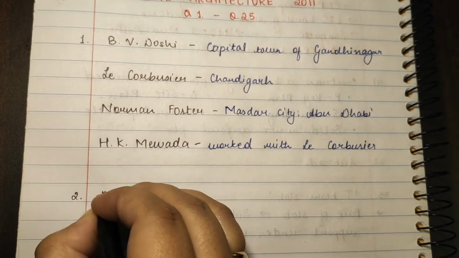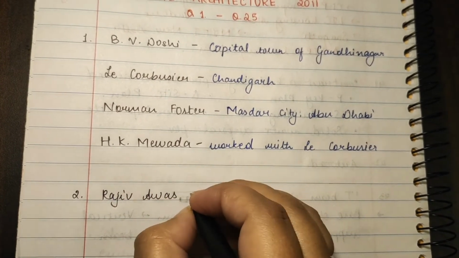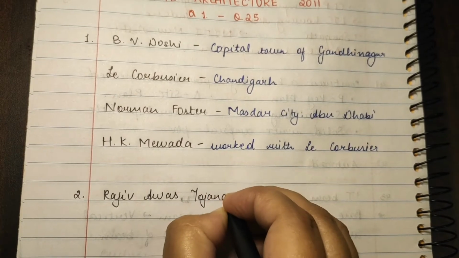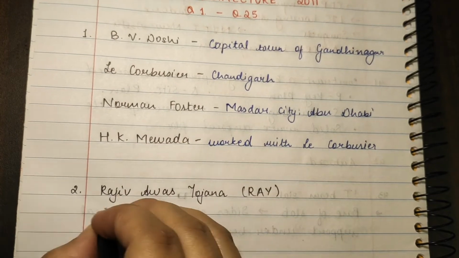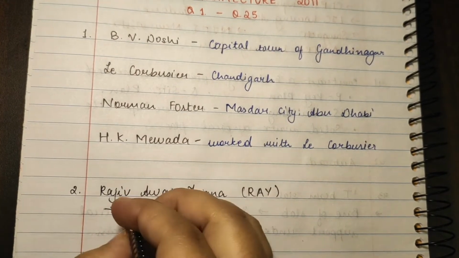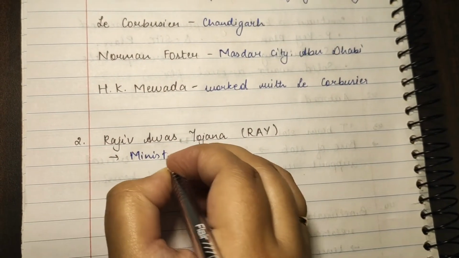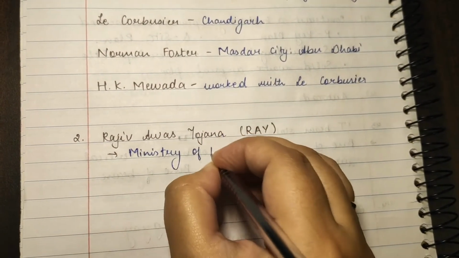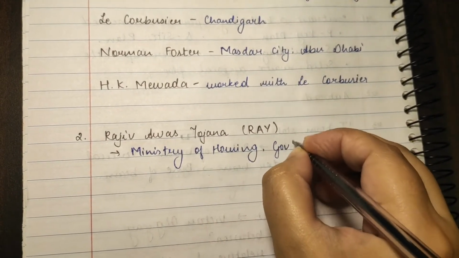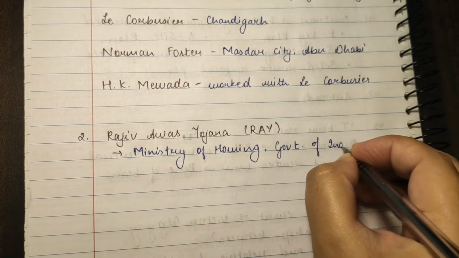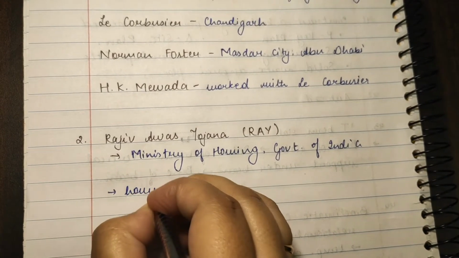So it is Rajiv Awas Yojana, which is also known as RAY. So this has been started by Ministry of Housing, Government of India, and this basically addresses housing for slum dwellers.